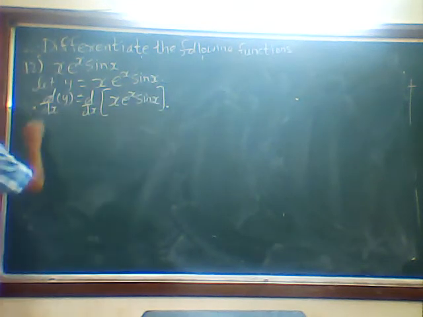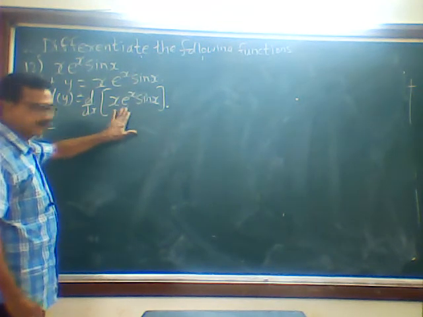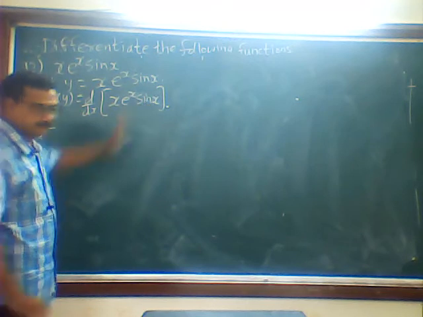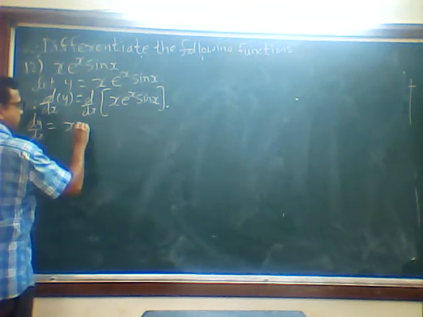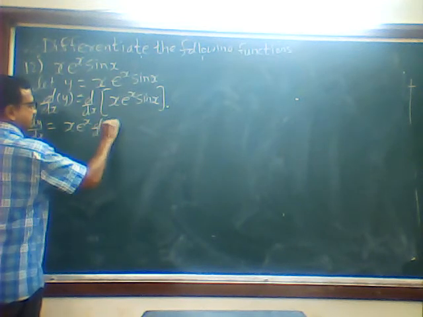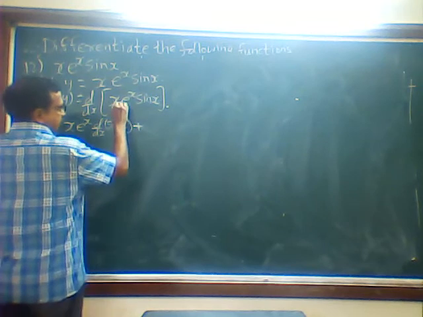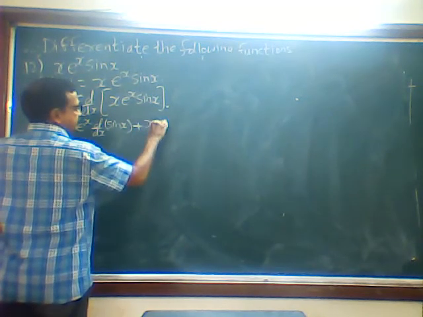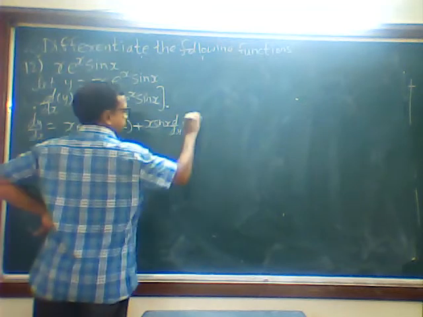Okay, now dy by dx. Now what we will do here, three things are there. We'll keep two things as it is, we'll differentiate the third one. So that way we'll go in the cyclic order. So first two terms as it is, d by dx of sin x. Plus, now what I will do, x sin x I keep it as it is, then I will differentiate the second term, e raised to x.